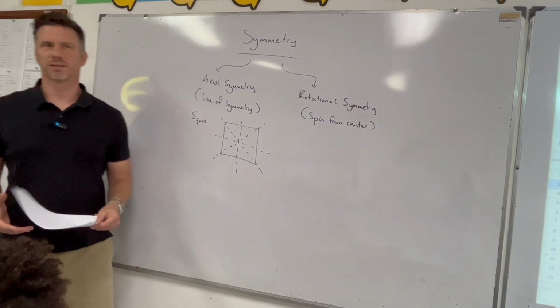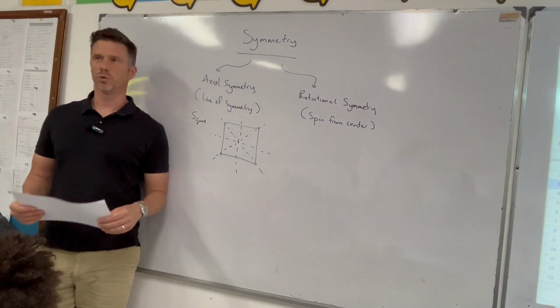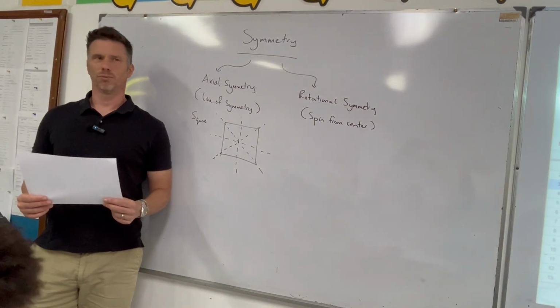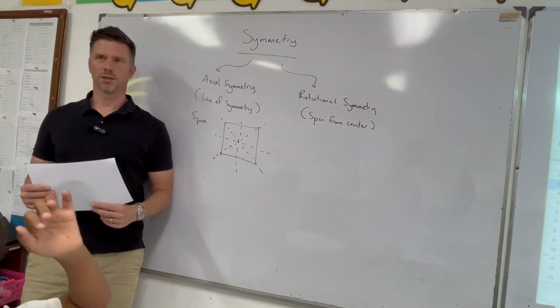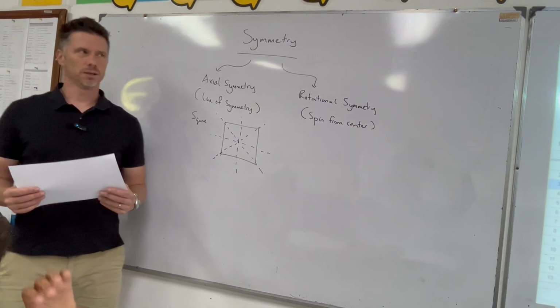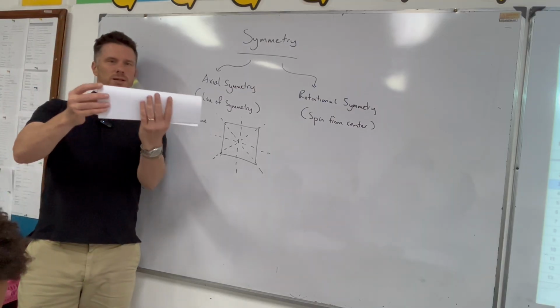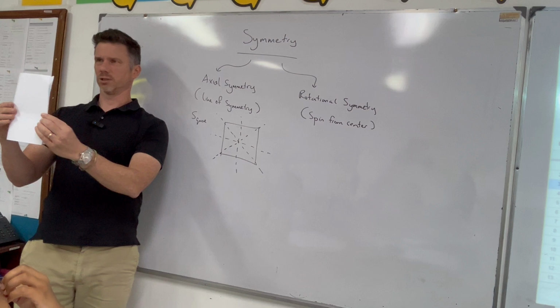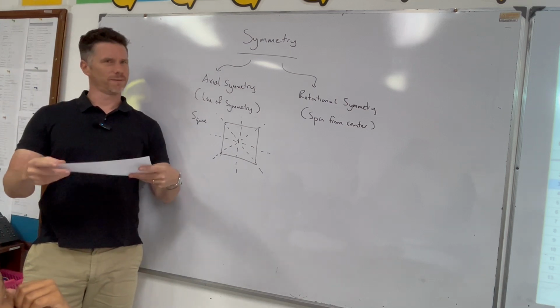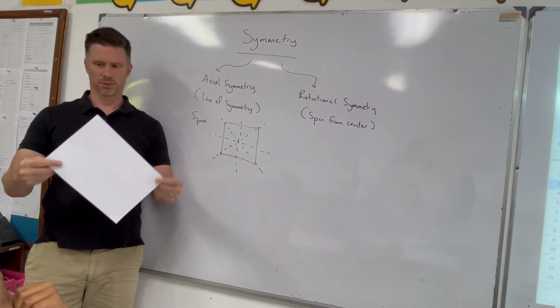Many people think a rectangle has 2 lines of symmetry. 1, 2, 3 people. And many people think it has 4 lines of symmetry. More, okay? Well, definitely if I fold it this way, that's perfect. And if I fold it this way, that's perfect as well. So that's 2. If I fold it diagonally, what's going to happen?